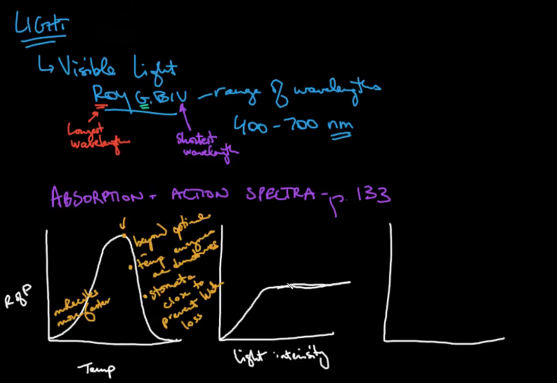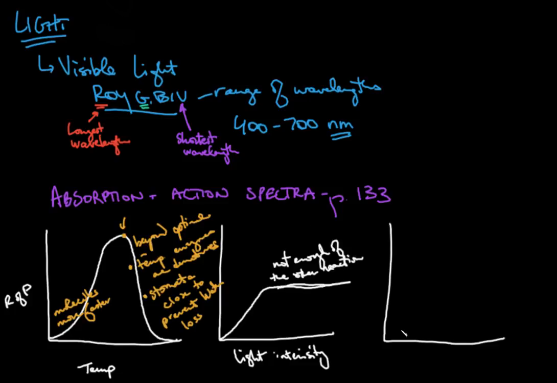And the reason that it plateaus is because if you're only increasing the light intensity, there's not enough of the other reactants. So if we're not adding any more CO2 or water, it's not going to drive that reaction upward forever, right?